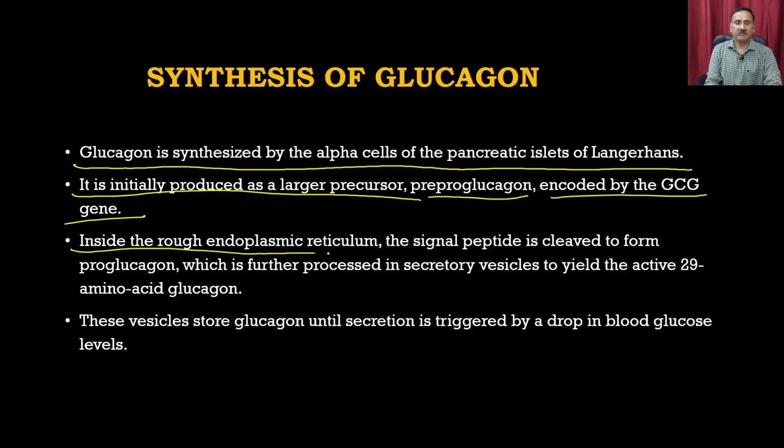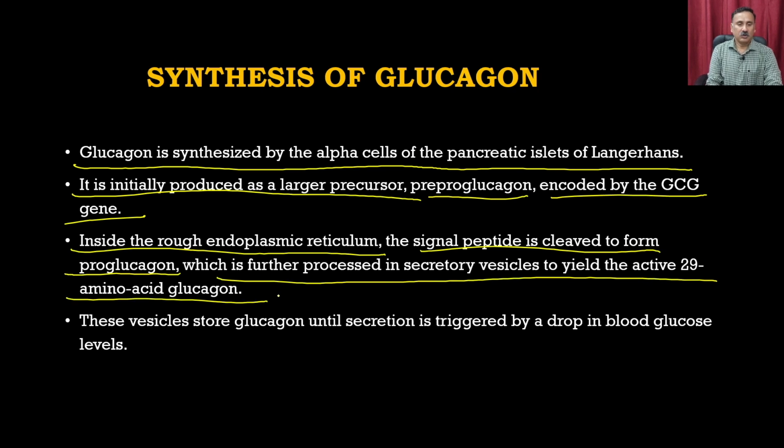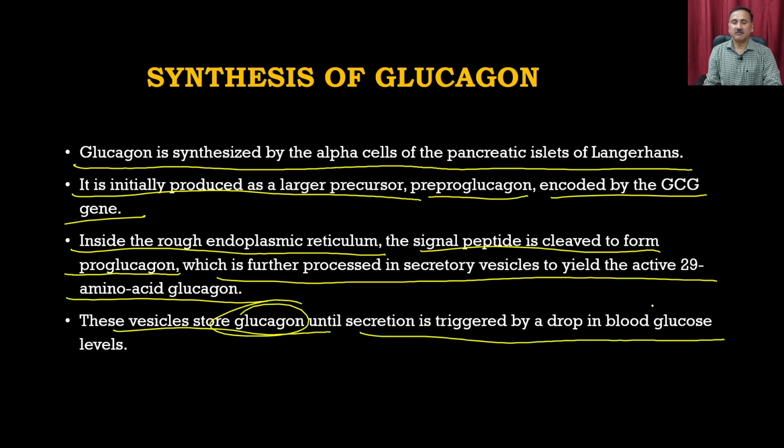Inside the rough endoplasmic reticulum, the signal peptide is cleaved to form proglucagon, which is further processed in the secretory vesicle to yield the 29 amino acid long glucagon. These vesicles store the glucagon until secretion is triggered by a drop in the blood glucose level.